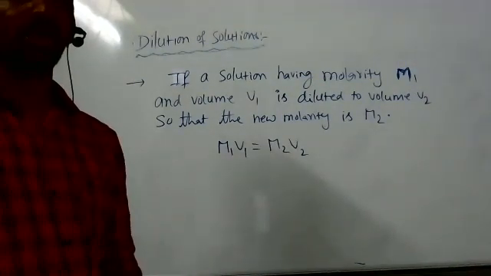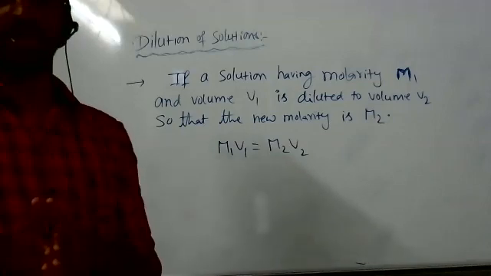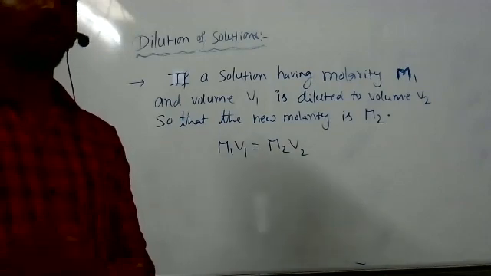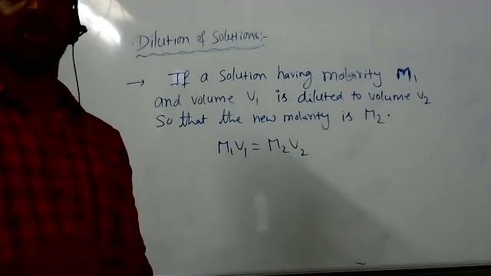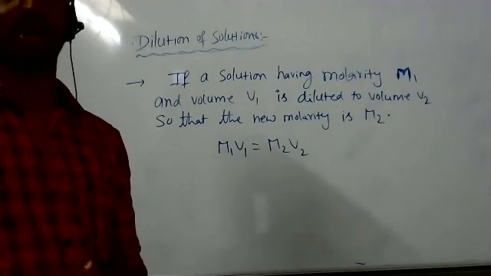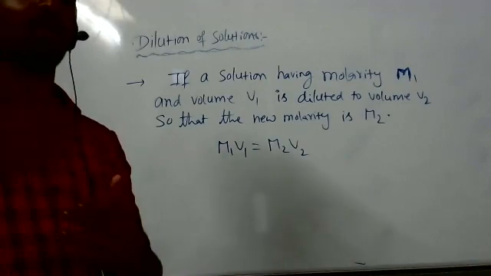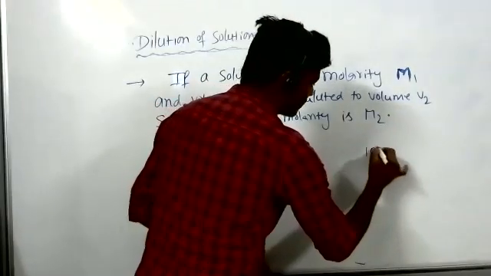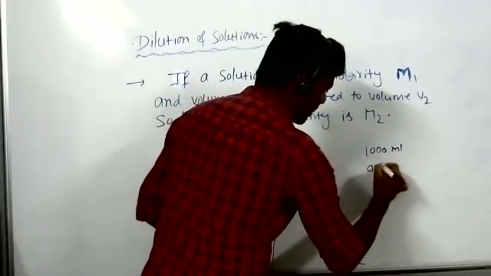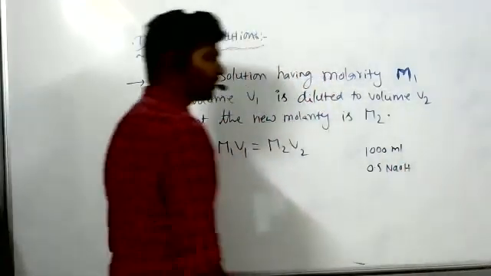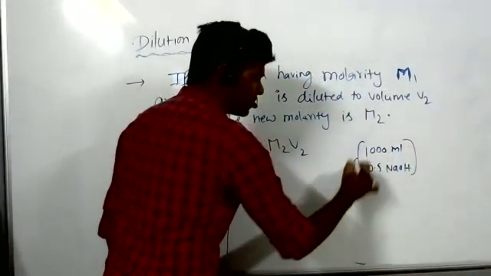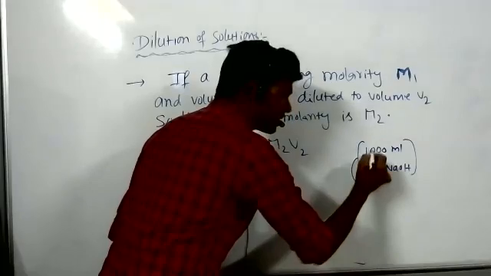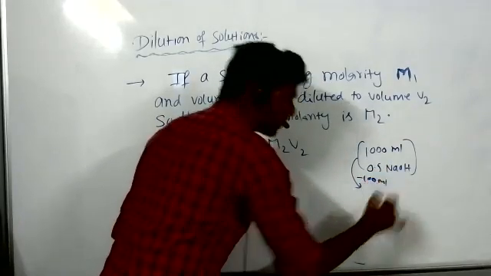Sometimes questions give, we have 0.5 M of NaOH solution of 1000 ml, that is allowed for evaporation. During evaporation, NaOH does not evaporate, only H2O evaporates. They're giving 100 ml of water is evaporated.